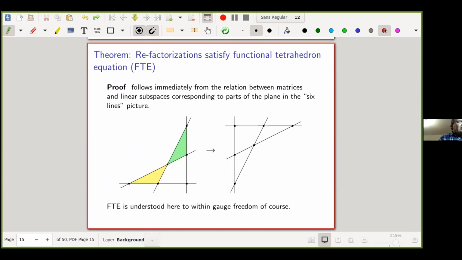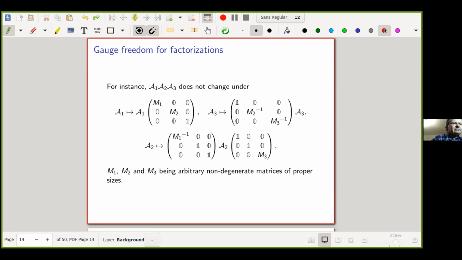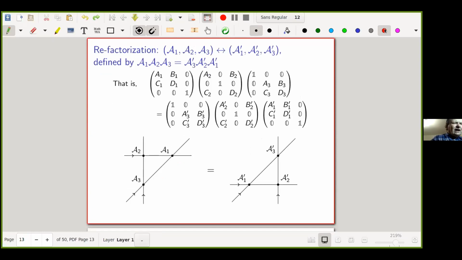And here already is a theorem. This refactorization satisfies the functional tetrahedron equation. But okay, I must probably say that this refactorization problem is solvable first.